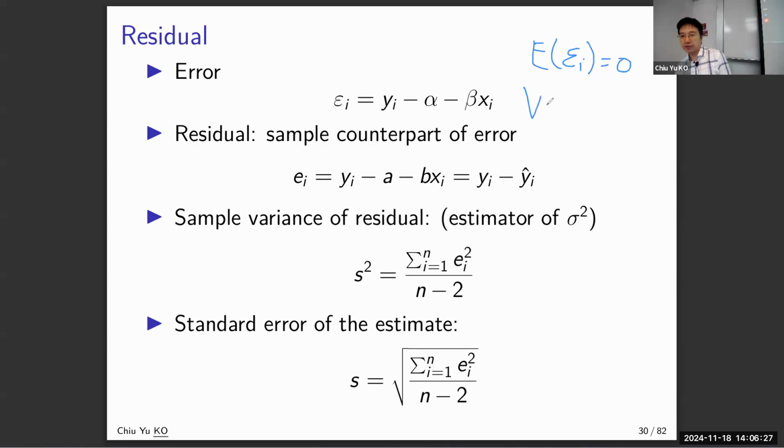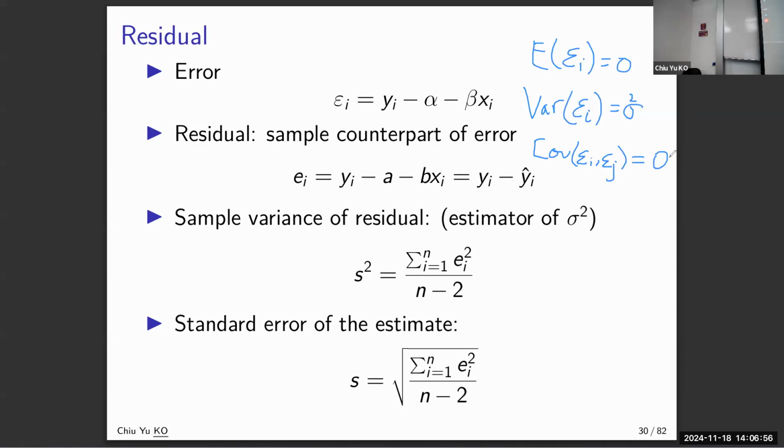The second one is this guy, which will be sigma squared. And the third one, of course, we said the covariance of the unobserved or other factor between two observations is 0, right?